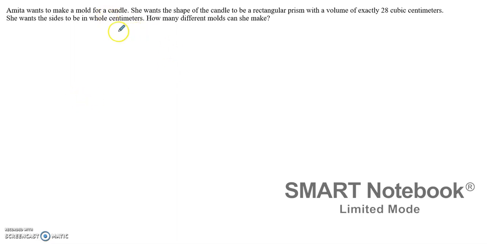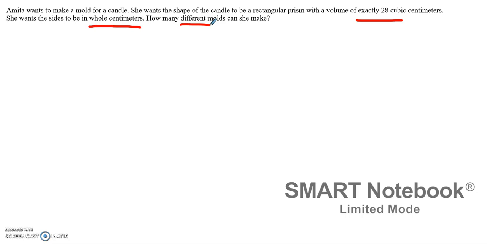So in this question, we actually need to build a chart, right? Because we do know that it has to have exactly 28 cubic centimeters, and the sides must be whole numbers. And then we need to know different molds. So remember when we've done this before where we've done cross-outs on the tables, because we want to make sure that we're not just rotating the figure.